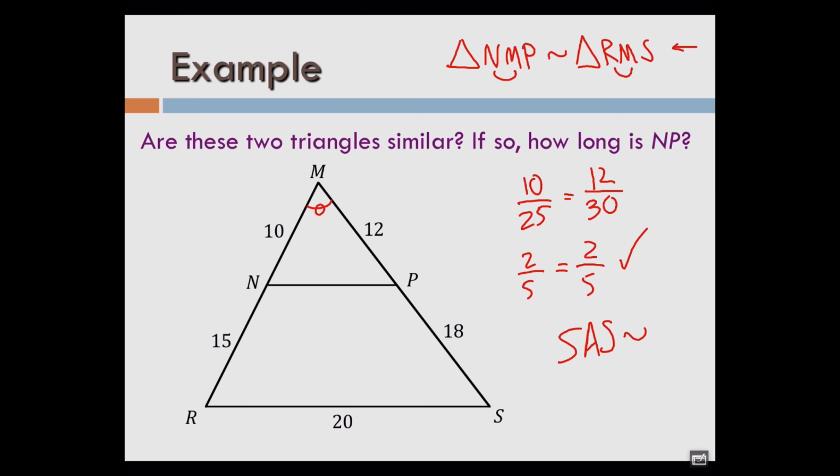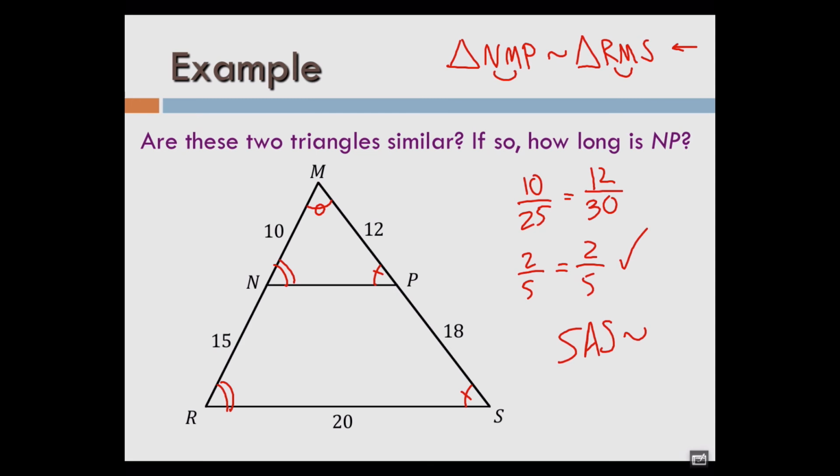We'll come back to that in a second. What else do we know? Angles are congruent. That angle is congruent to this angle, and this angle is congruent to that angle. What does it tell you, other than what Paul said about the proportionality, what does that tell you about NP and RS? They're proportional, and so they would be equal to 2 fifths. So give me the proportion you would use to solve for NP.